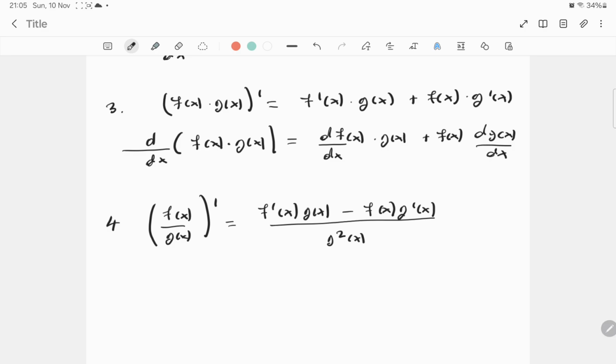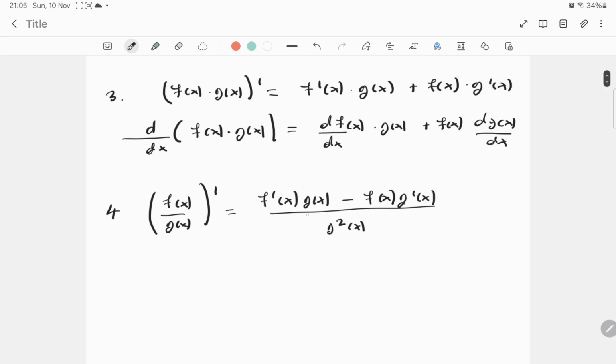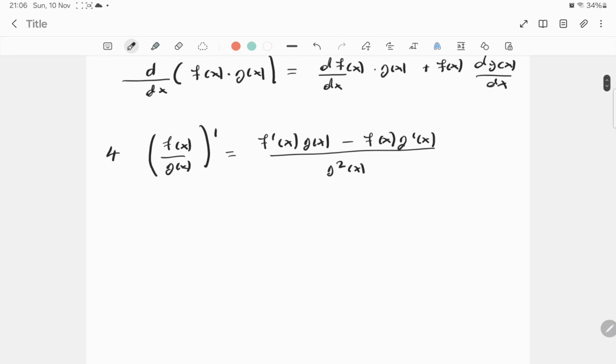When I have the quotient of two functions, I can write the numerator, the derivative times the function in the denominator, minus f of x g prime of x, over g squared.